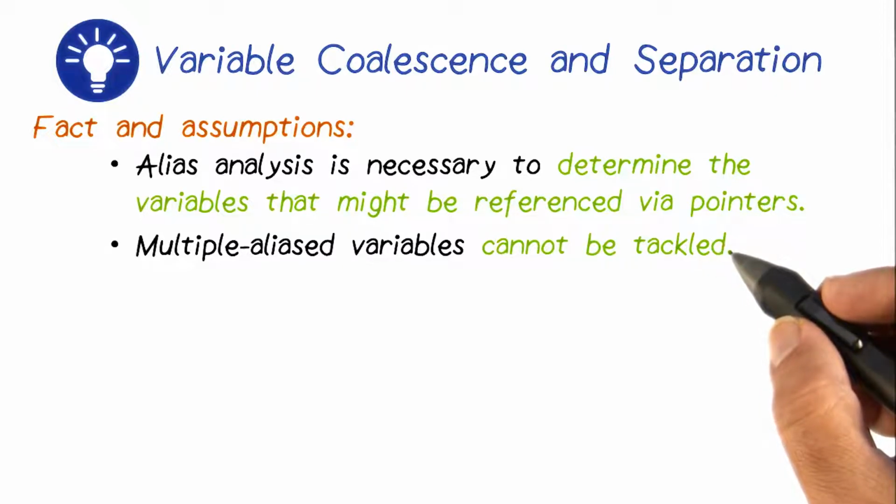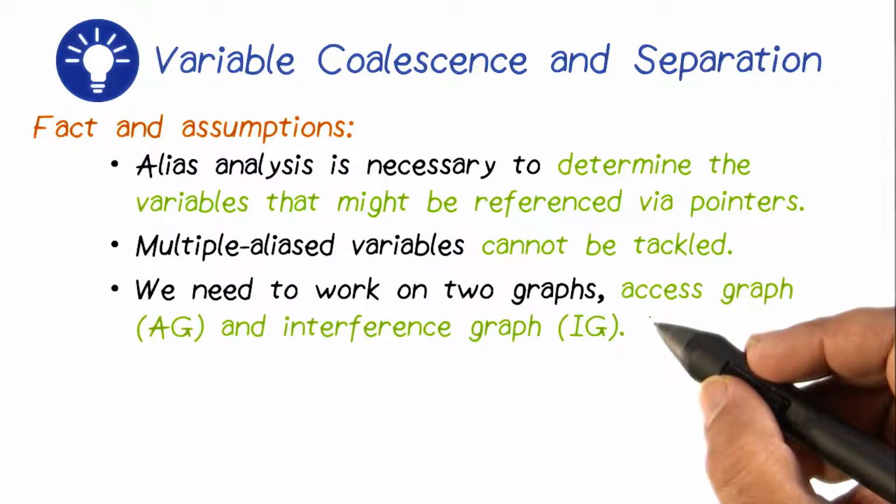Imagine that we assume that they were already done in terms of their last reference, but then suddenly we find a pointer which was pointing to them and was referencing them, and we had already taken away their location, and we would be going to some other variable's location because we have given this location to some other variable, and therefore we'll find a wrong value. So in short, it is unsafe to do coalescing for multiply aliased variables, and so we'll just leave them out.